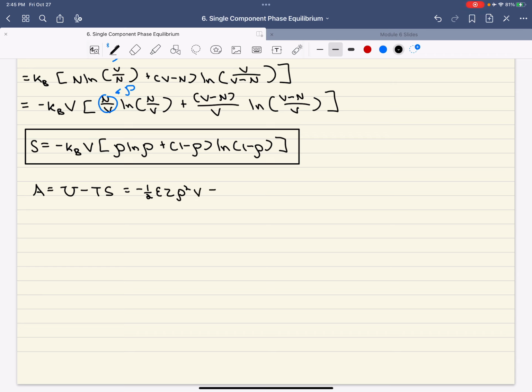and our T minus S. So here's the T, and then the S term is this: 1 minus rho ln of 1 minus rho. Okay? And then if we divide by N to get on a per molecule basis, we get this.